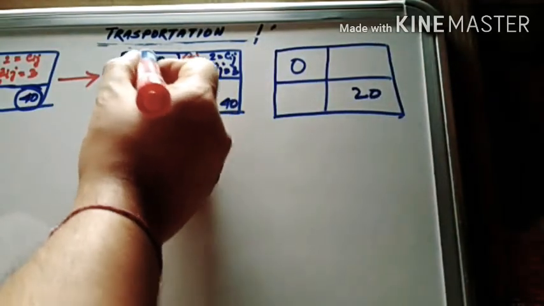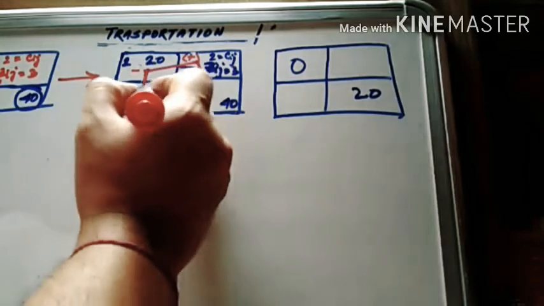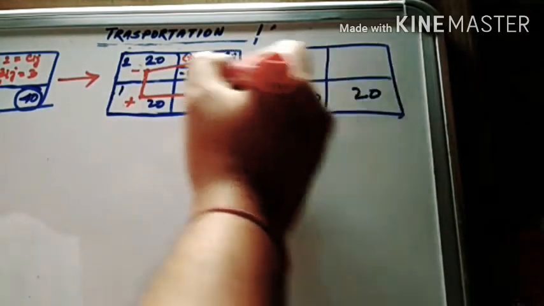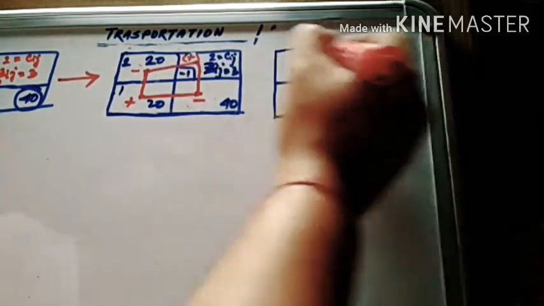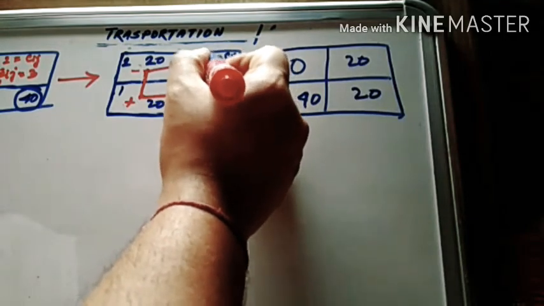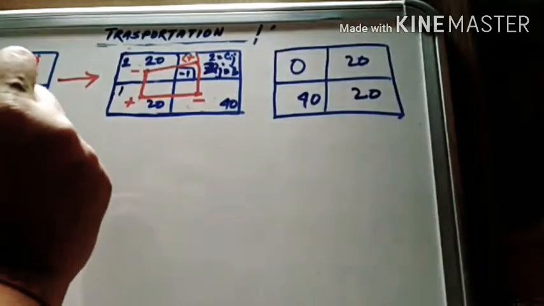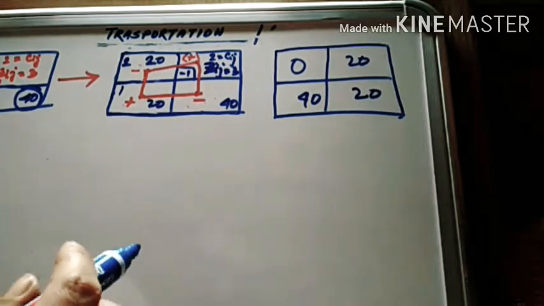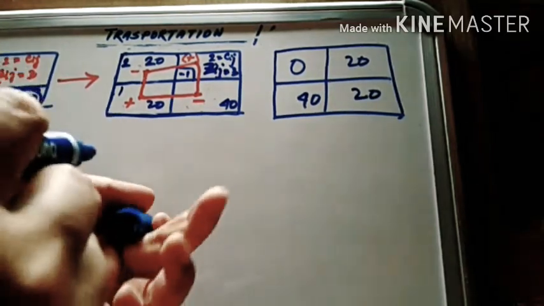You add this value to the positive valued cells, which gives 40 over here, and this is only 20, because no allocation was here. So 20 plus 0 is 20. So our new table becomes somewhat like this.